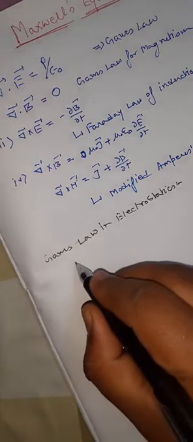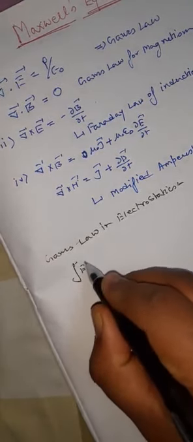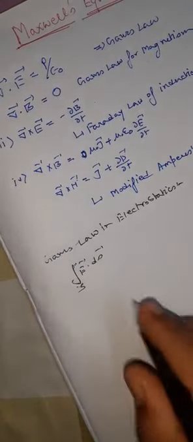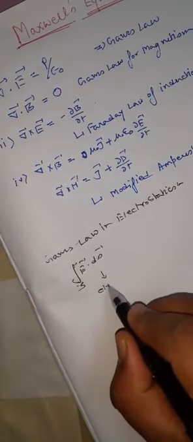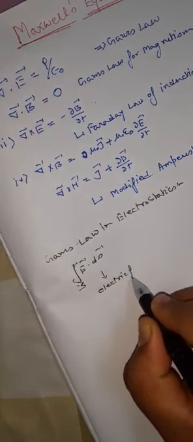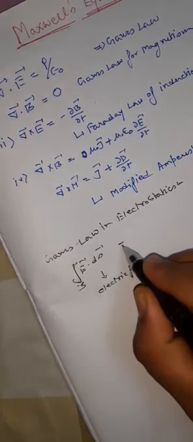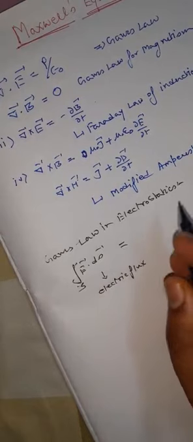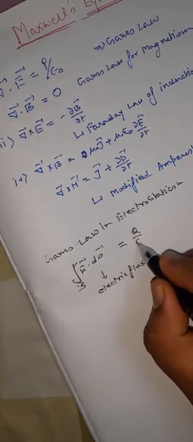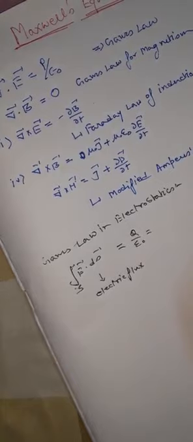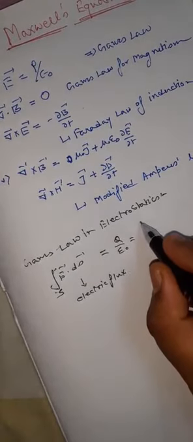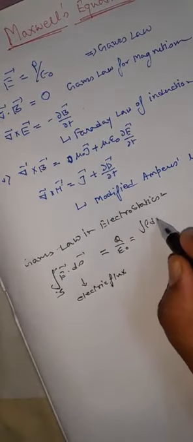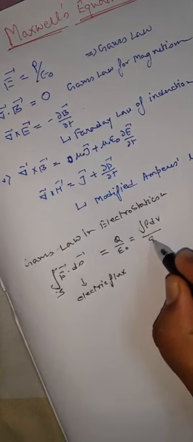In mathematical expression, we can write it as the surface integral of E dot ds, the electric field dot ds, which gives the measurement of electric flux. This electric flux is equal to Q, the total charge enclosed, divided by epsilon 0.